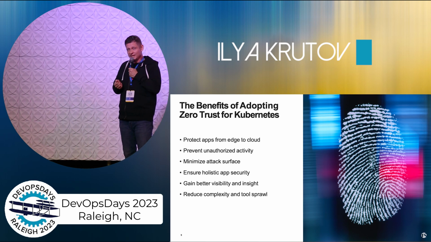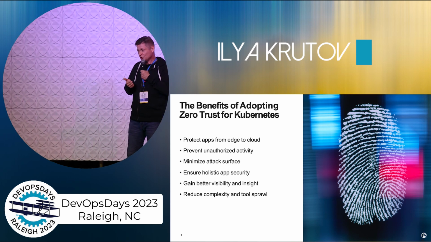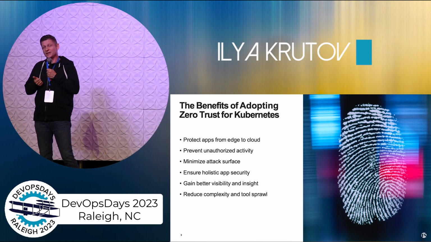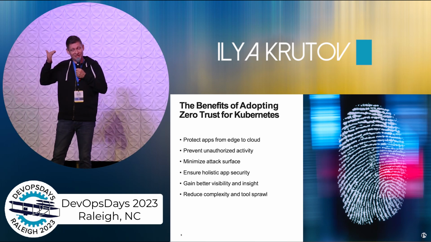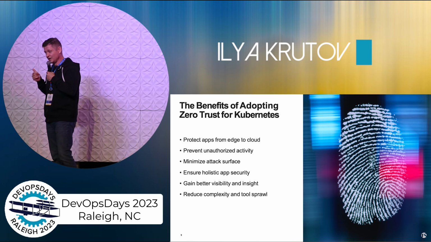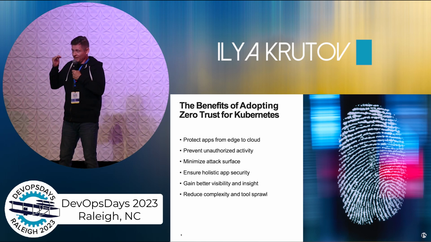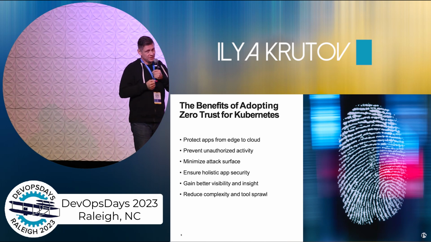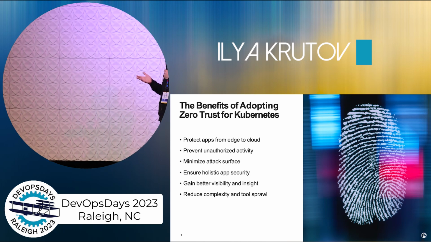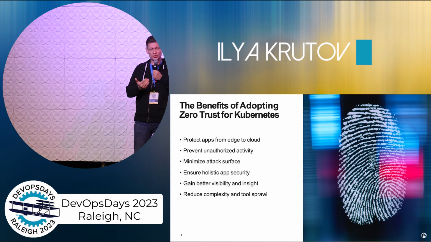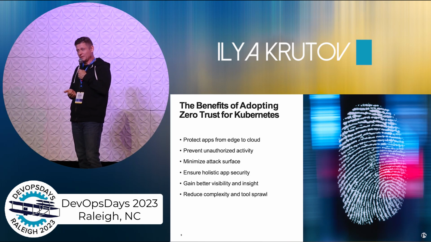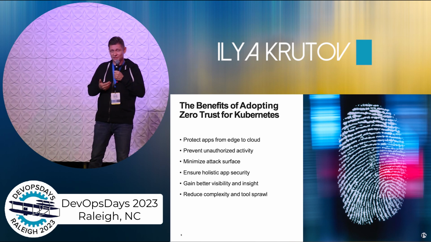You are minimizing attack surface with access control, ensuring holistic app security potentially by adding a web application firewall, basically layer 7 application protection, and gaining better visibility into your infrastructure with advanced tools. And finally, using the same tools across all environments helps reduce complexity and tool sprawl, making your lives and the lives of your teams easier.